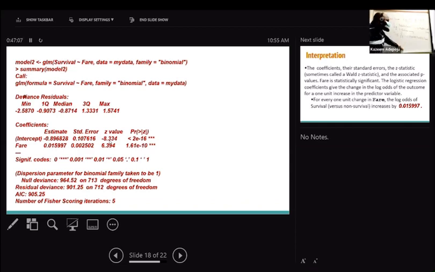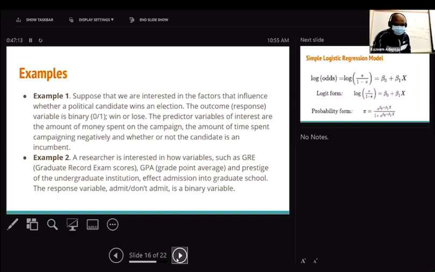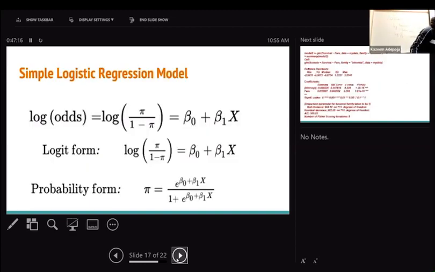What if I asked you to write it in probability form? I'm going to take you back now to the probability form. The probability form is pi.